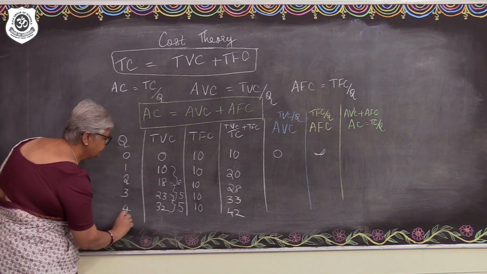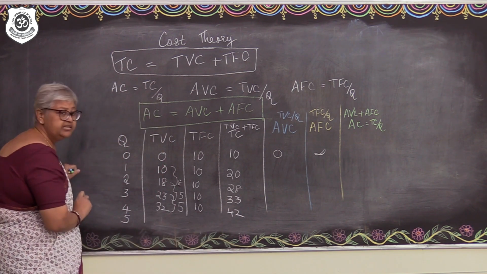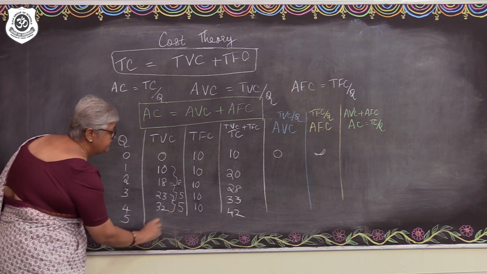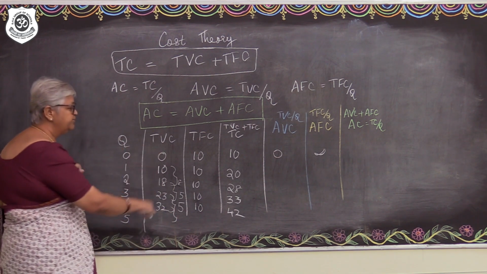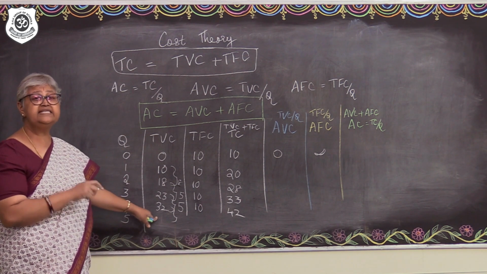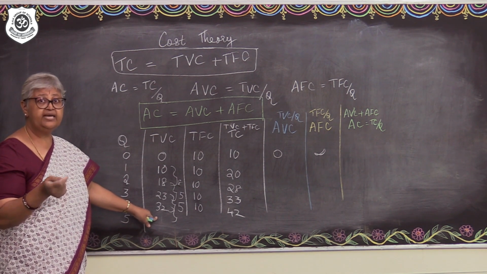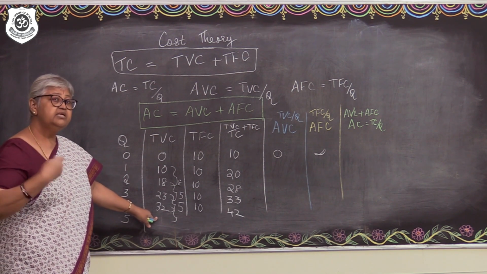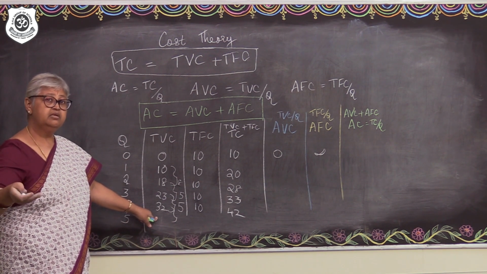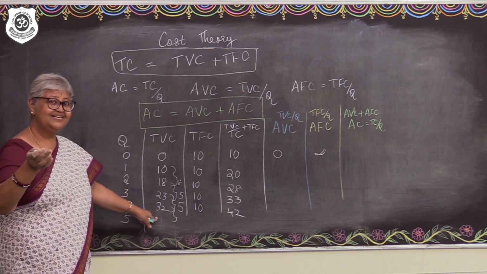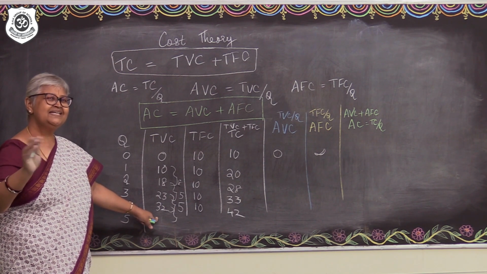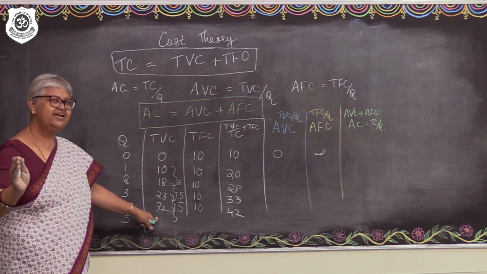Yes. Then the fifth level of output. At the fifth level of output, let us say now the total variable cost is going to increase at an increasing rate. Why? Maybe the firm has started suffering decreasing returns, negative returns. Right?